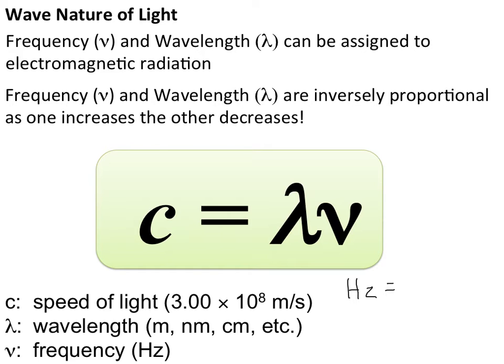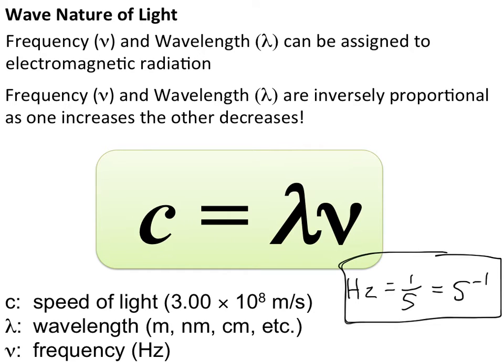So hertz is actually a representation of inverse seconds, so 1 over s, 1 over seconds. This can also be written as s to the minus 1. All three of these things mean the exact same thing, and they are all units of frequency. So make sure that you're paying attention to your units.